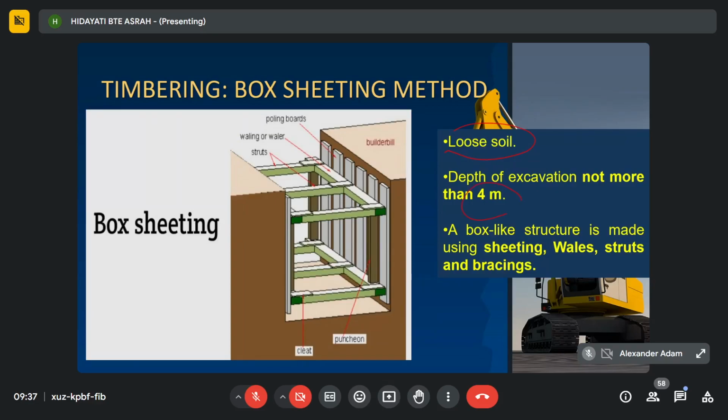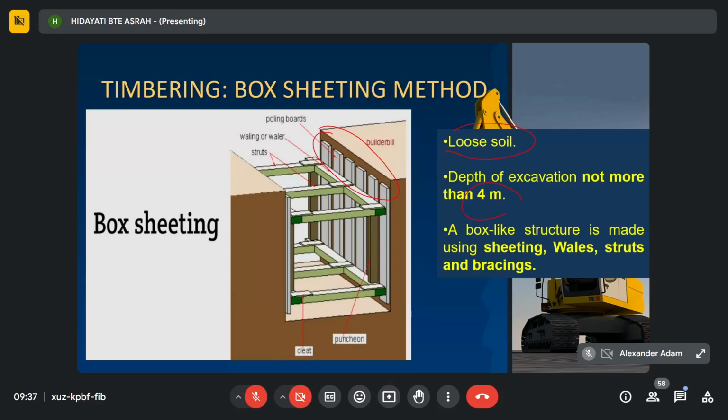For this type, a box-like structure is made using sheeting, walings, struts and bracing. This is the polling board, but you see here the polling boards are arranged nearest to each other. Sometimes they use sheeting, meaning there is no distance at all. It depends on the soil condition.